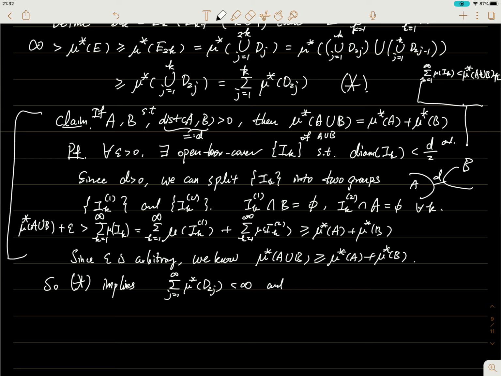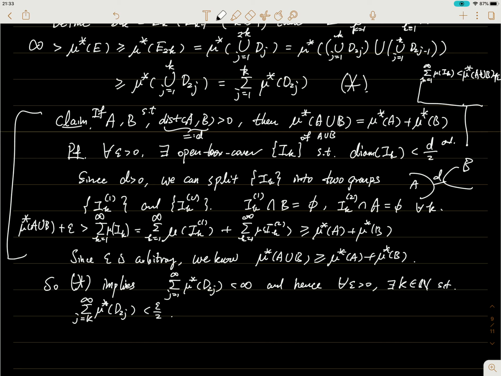And from this we know that for any epsilon greater than 0, there exists a K large enough such that the sum over j from K to infinity of mu star of D2j will be less than half epsilon.